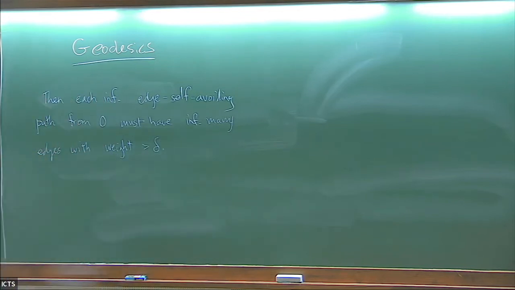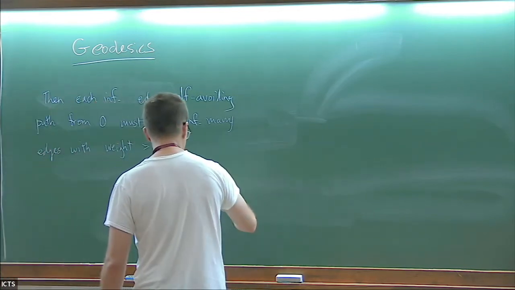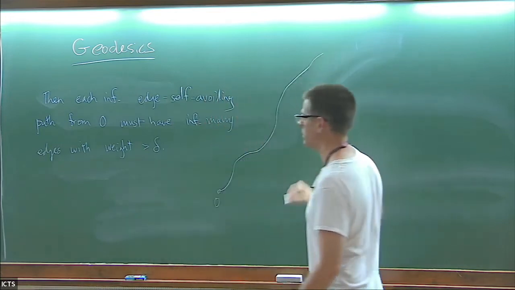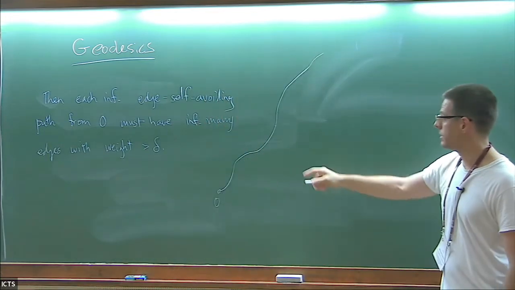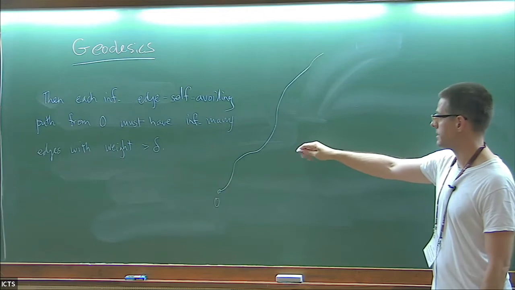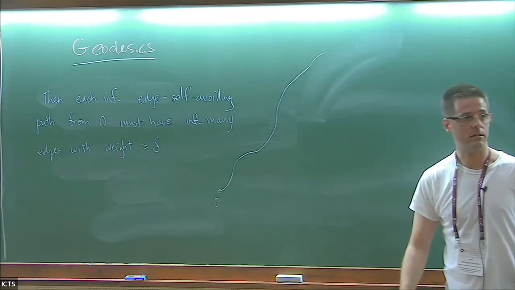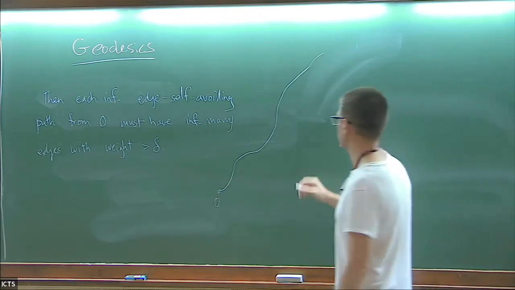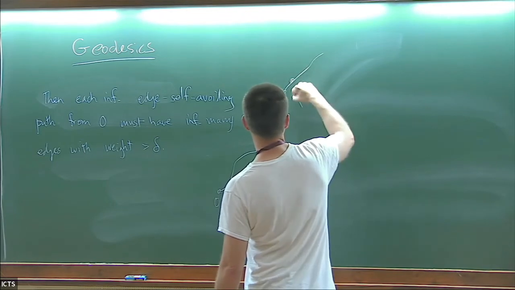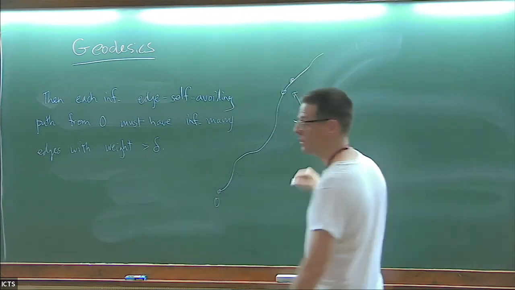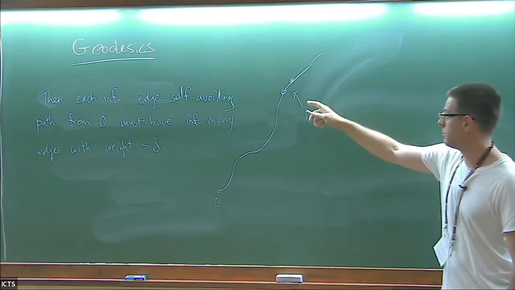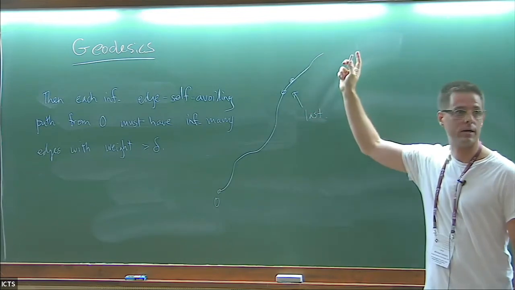Okay, and the reason is that if we start from 0, we have an infinite path here. If this were not true, then there would be finitely many edges with weight bigger than delta, right? So there would be a final one here. Here's the last one. But beyond that point, you have an infinite path with weights less than delta.